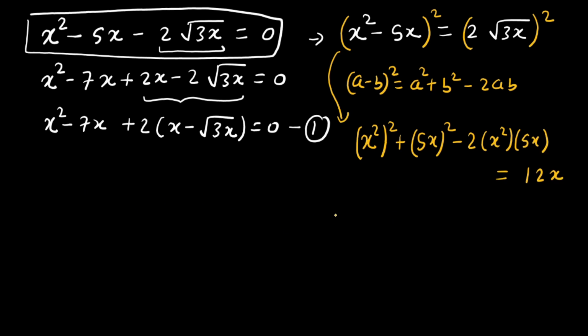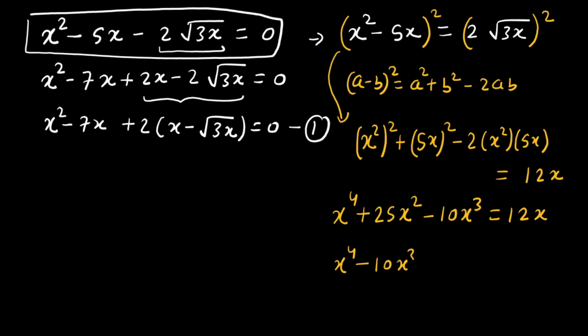Here x power 4 plus 25 x square minus 10 times x cube, and this is equal to 12 times x. If we take all the expression to the same side, then you will get x power 4 minus 10 times x power 3 plus 25 times x square minus 12 times x, and this is equal to 0. Look carefully, this is a biquadratic equation.